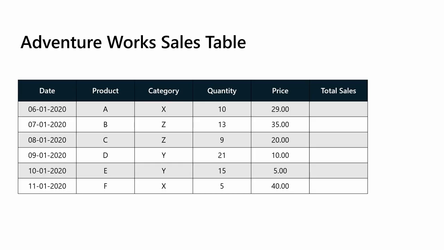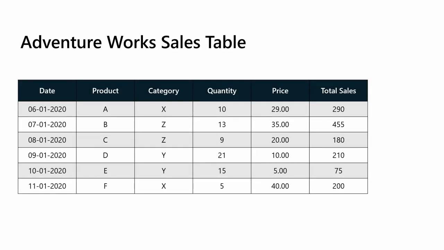The company can use a DAX formula to multiply the quantity data in the quantity column by the price data in the price column for each item. The formula iterates through the relevant quantity and price column values at the row level and returns the results in the total sales calculated column. In other words, the formula calculates the new values via row context.